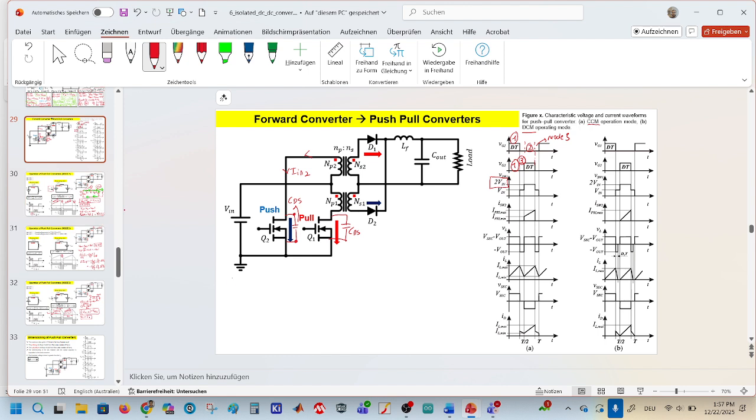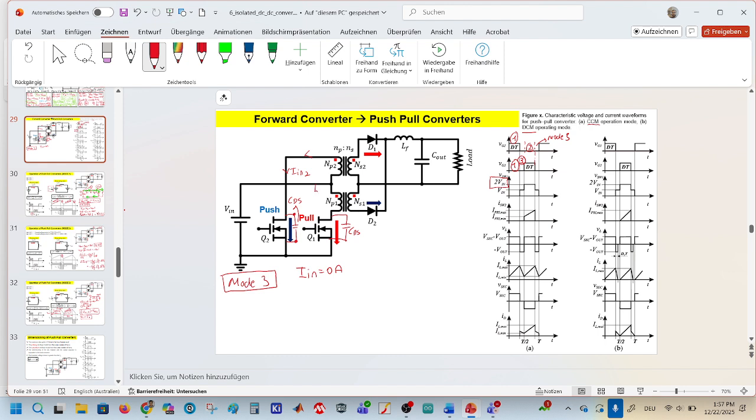So during mode 3, this is that time of operation here. That means input current is 0 amps.